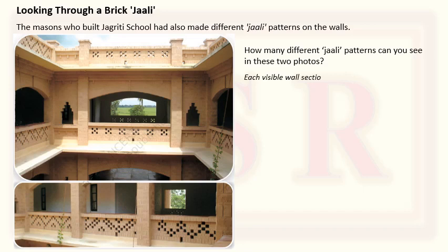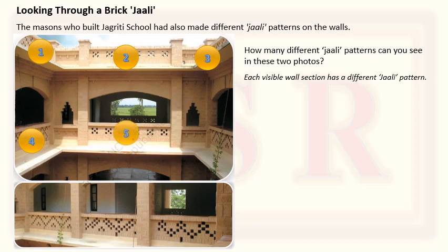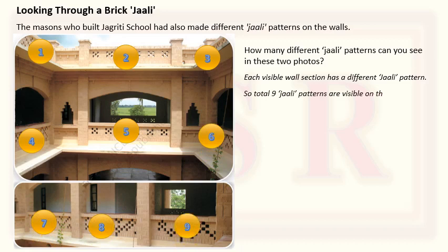Each visible wall section has a different jali pattern. 1, 2, 3, 4, 5, 6, 7, 8, and 9. So total 9 jali patterns are visible on these two walls.